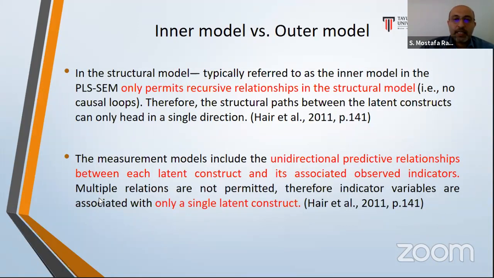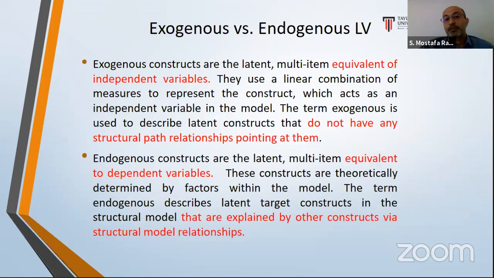For example, in second generation, we don't use independent variable and dependent variable. Instead of these concepts, we use outer model and inner model. Actually, sorry, we use exogenous variable and endogenous variable.